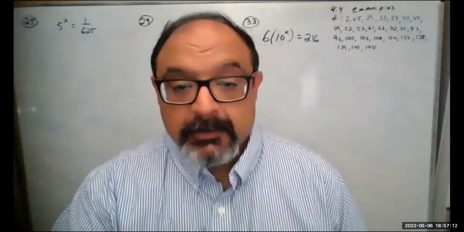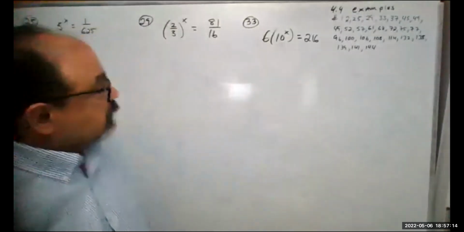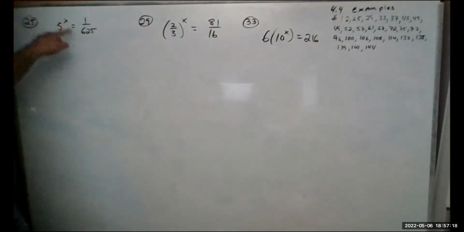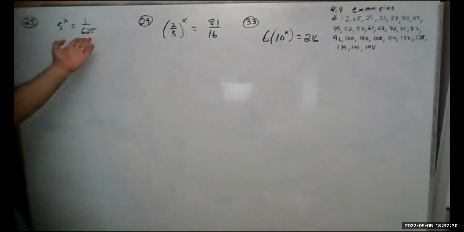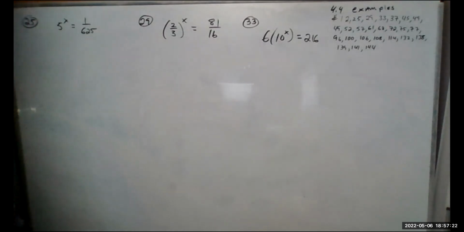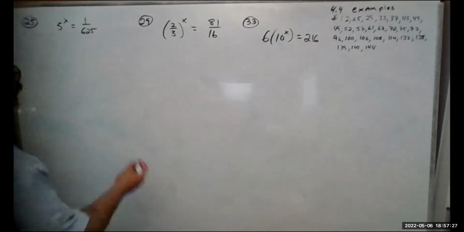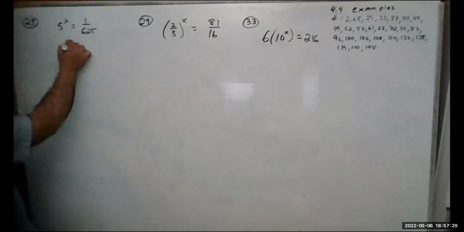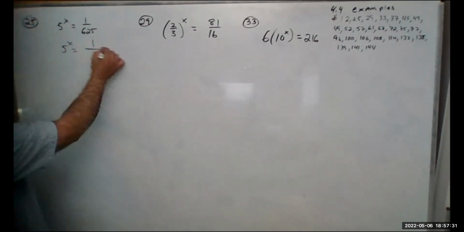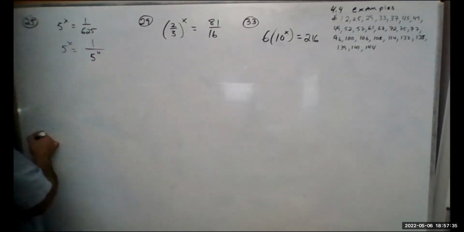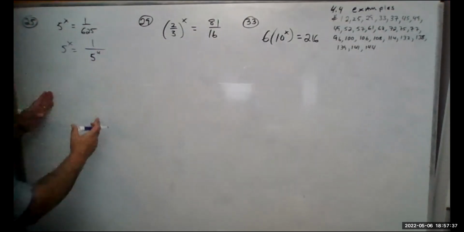So you have 5 to the x on this side, 1 over 625 on that side. Now, hopefully you recognize that 625 is a power of 5. This is 5 to the x, and 1 over 625 is 1 over 5 to the 4th power. Now, you don't have 5 on both sides.